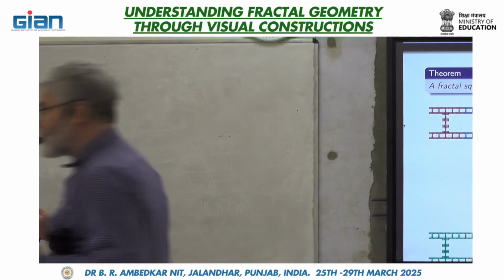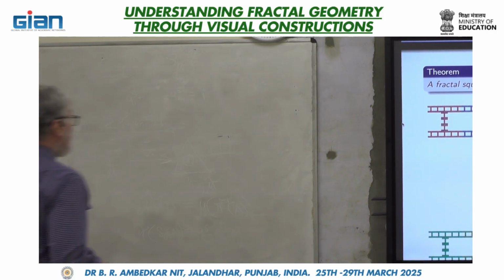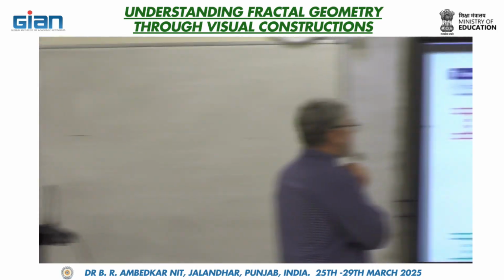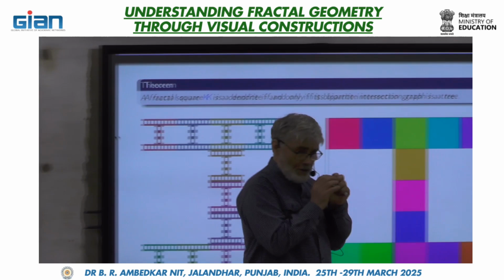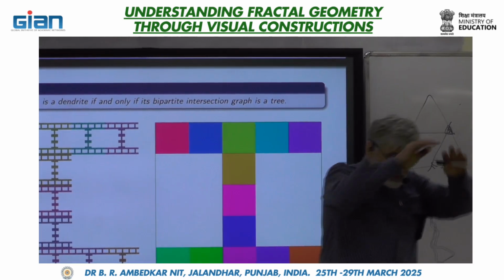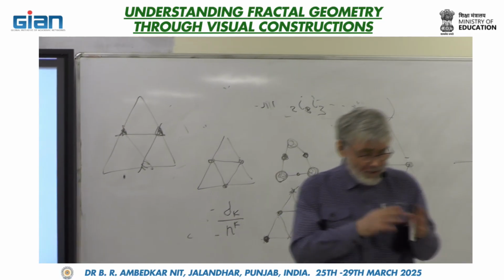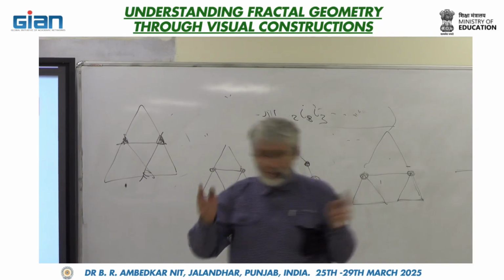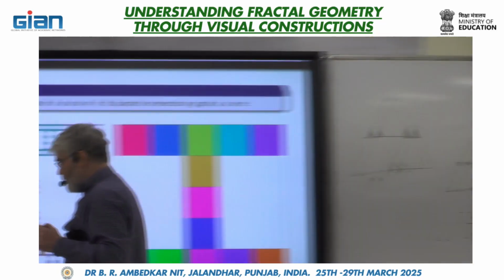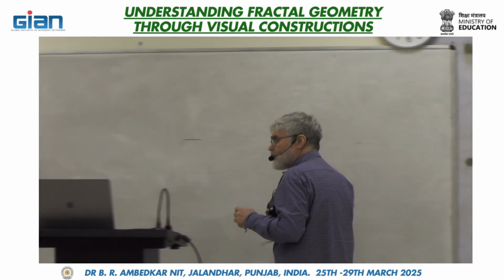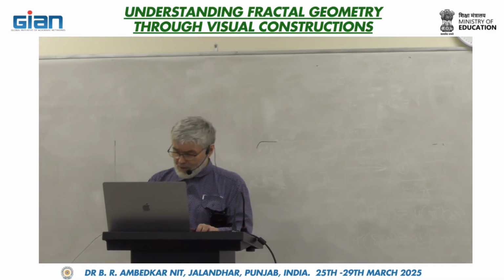There are no intermediate possibilities. This statement is true not only for fractal squares, but also for Bedford-McMullen carpets. And even some topological carpets of more complicated structure.